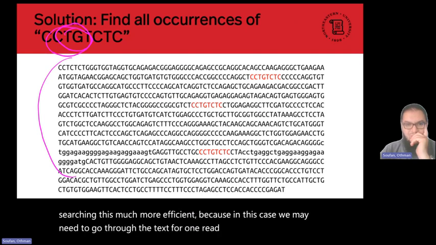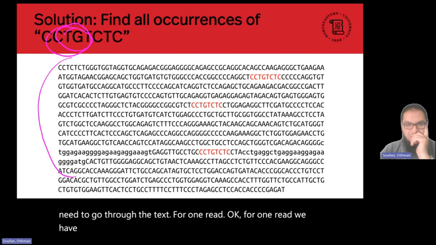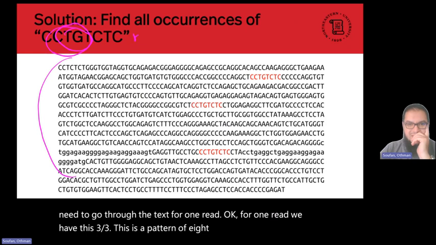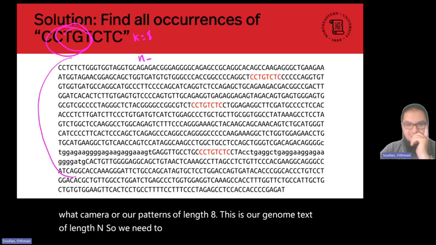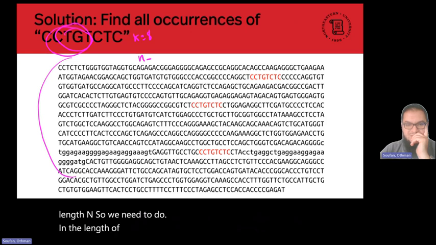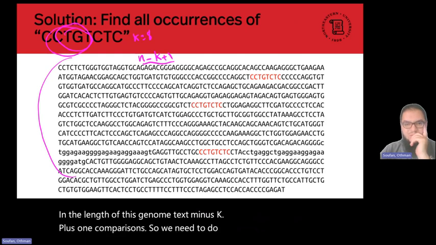For one read, we have this 3, so this is a pattern of 8. Say k equals 8, our k-mer or our pattern is of length 8. This is our genome text of length n, so we need to do n minus k plus 1 comparisons for every single read.